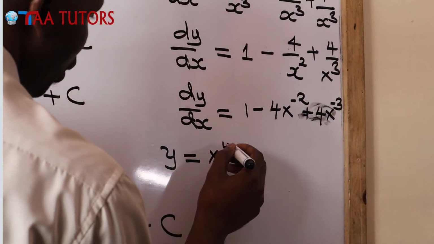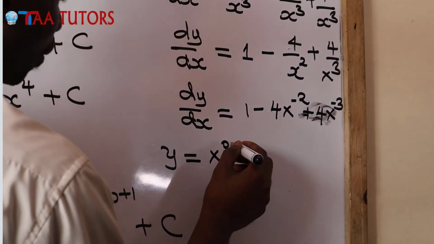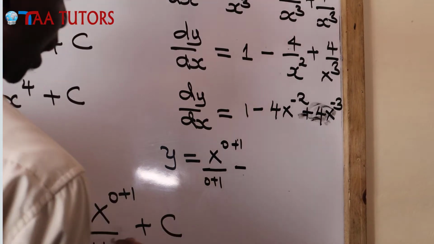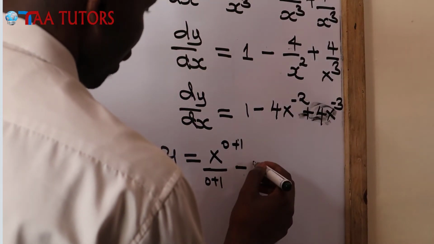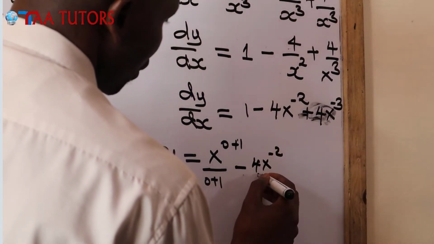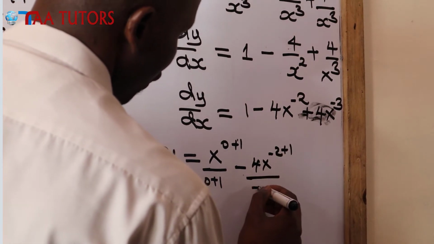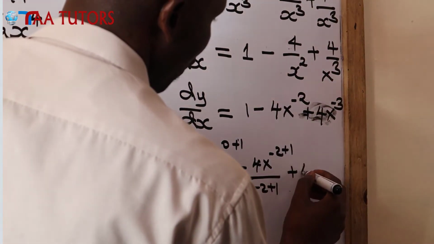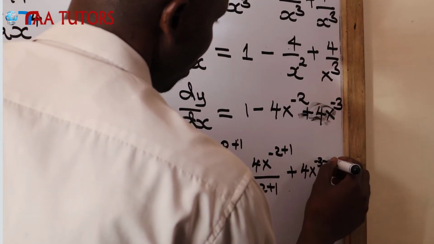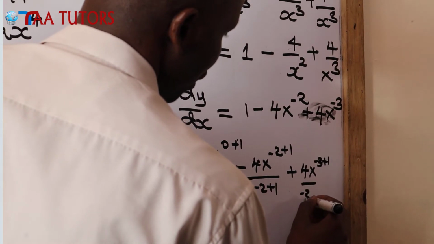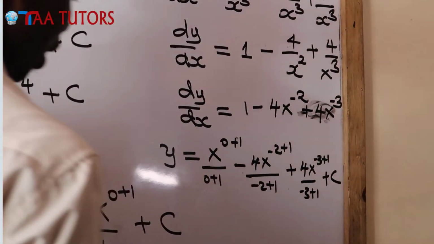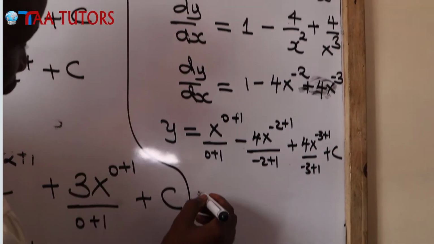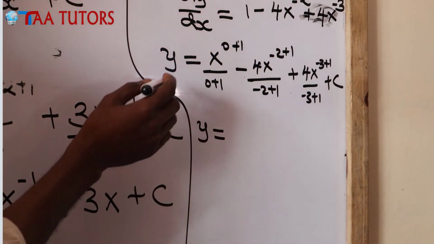If we integrate, we add 1 here, then we divide by 0 plus 1, minus, here we get 4x power negative 2 plus 1 over negative 2 plus 1, plus, here we get 4x power negative 3 plus 1 over negative 3 plus 1, then plus c, the arbitrary constant. So let me have a line here. We are going to have y equals, this is just x.